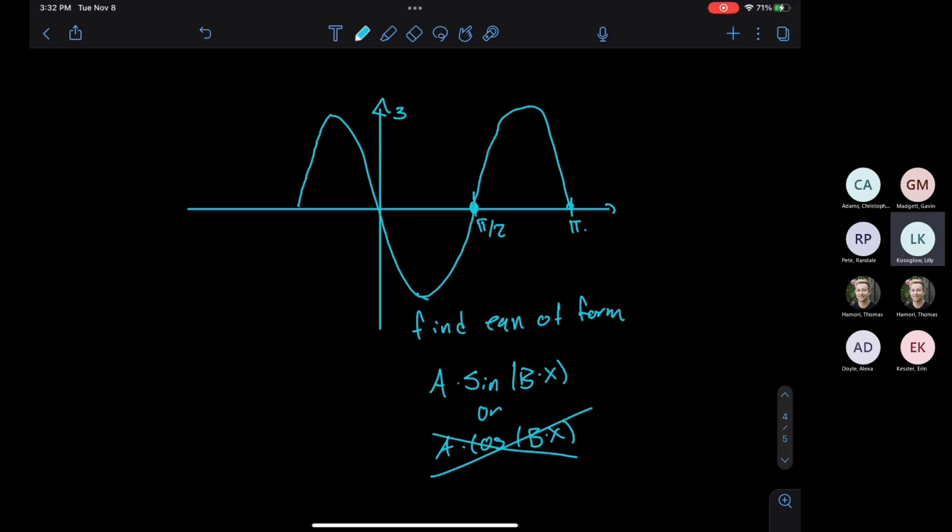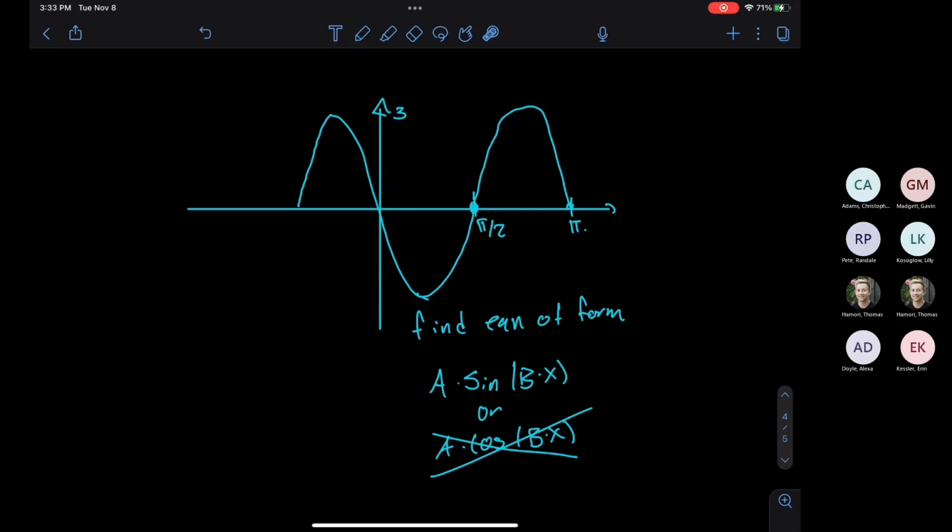There's not a sign change and it's even. Well, cosine is even. The picture we have here is odd, and there's no shift to the right or to the left. There's no horizontal shift. How do I know there's no horizontal shift?